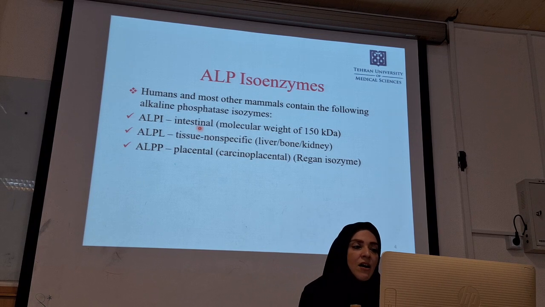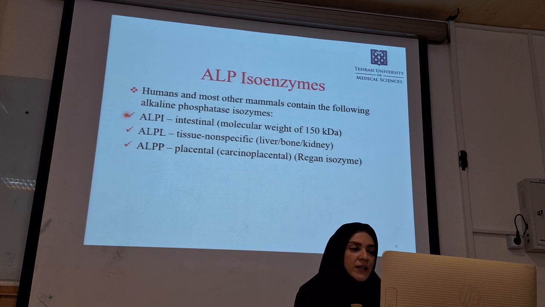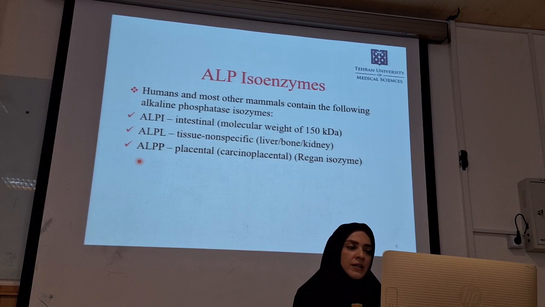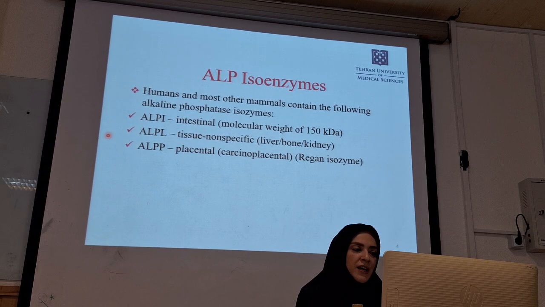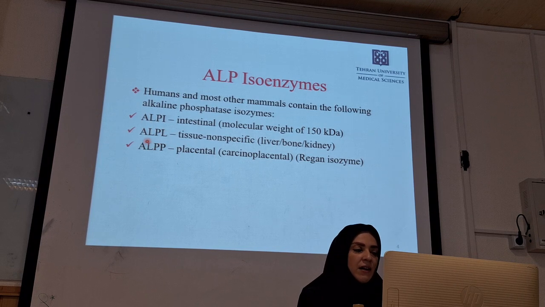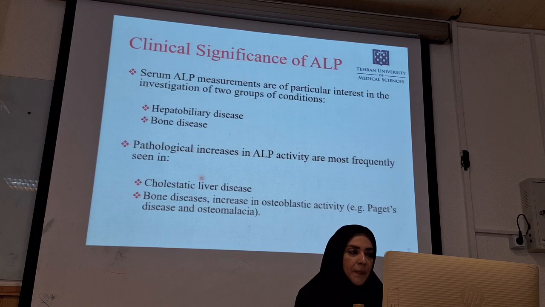They are considered isoenzymes or isoforms. Alkaline phosphatase contains different isoenzymes: intestinal I, tissue non-specific, which is most important for the liver, giving the L, alkaline phosphatase L, and placental. We have different types of this enzyme.